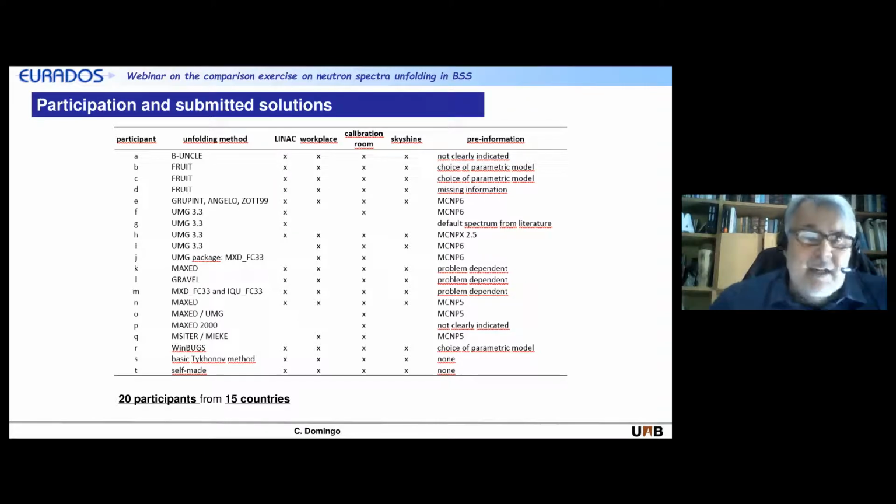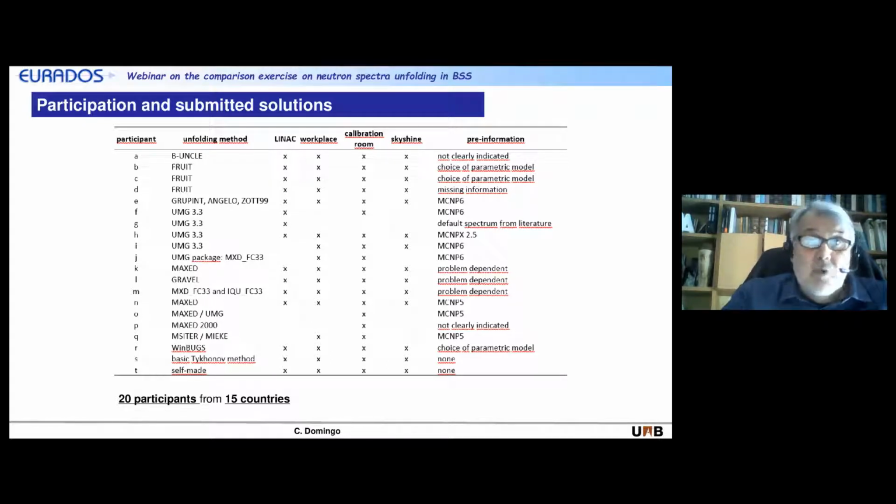I have to say that not all the participants gave all the information about which kind of pre-information they used. As Jose Maria said a few minutes before, there are basically two ways to give the pre-information to the unfolding. One is using a parametric approach, fixing some of the parameters that define the spectrum in a physically relevant way.